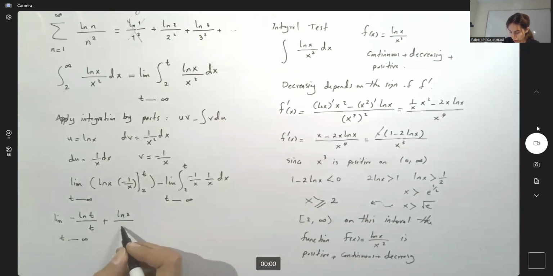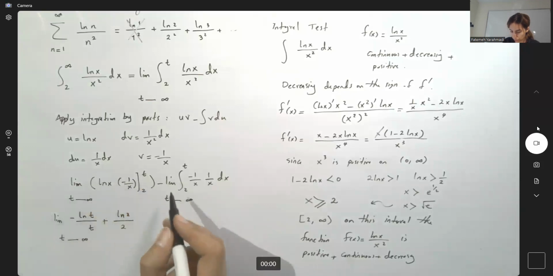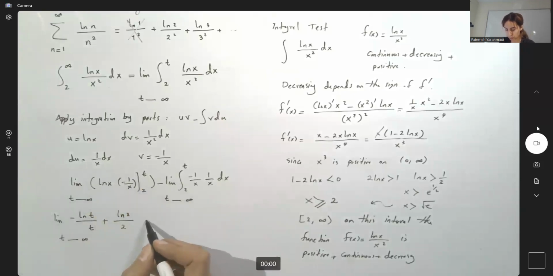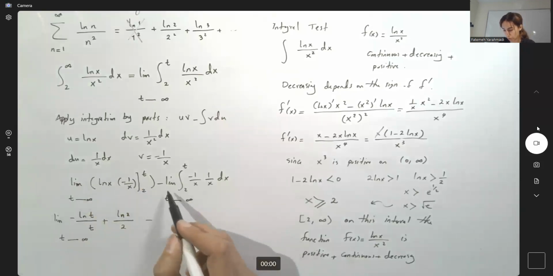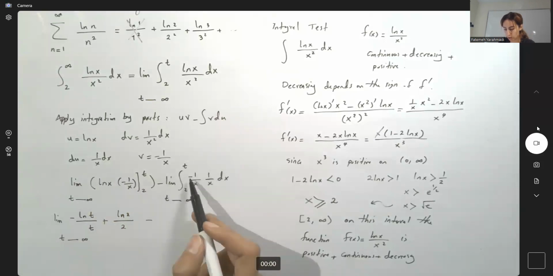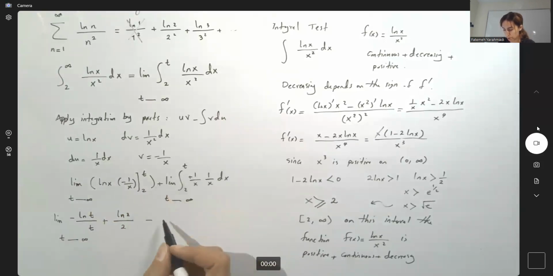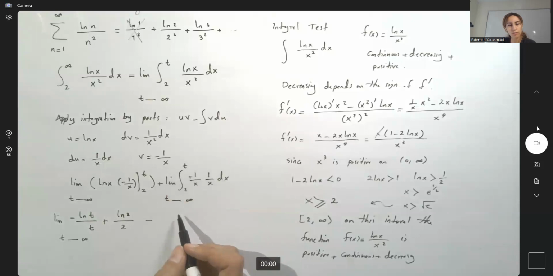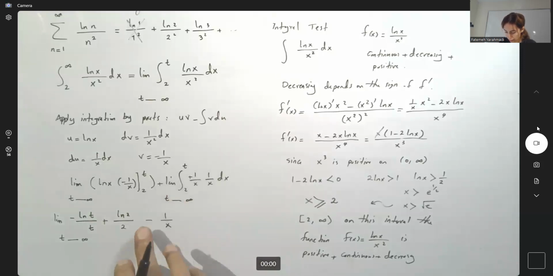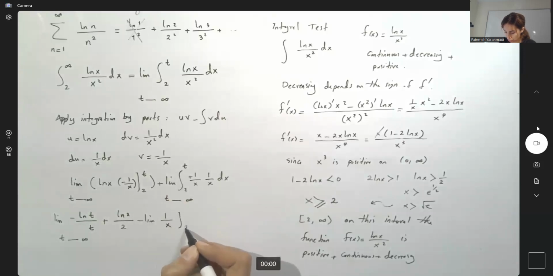This is for the first one. Then we can move on to find the limit of this integral. You have the integral of, it's just plus 1 over x squared, which becomes negative 1 over x. And again, you have a limit from 2 to t as t goes to infinity.